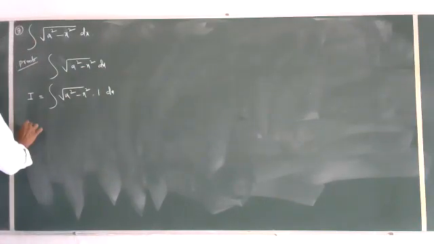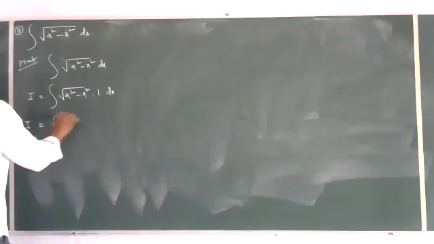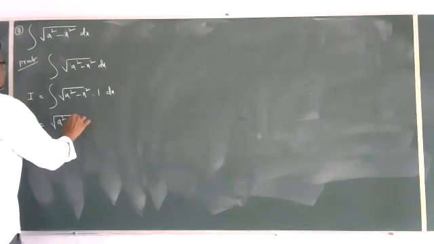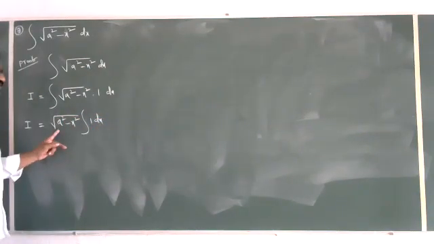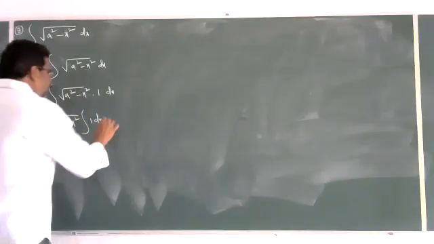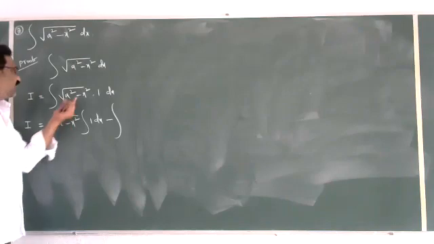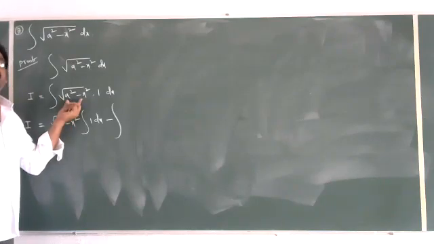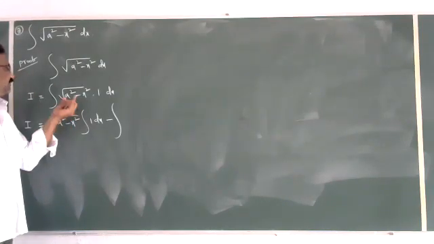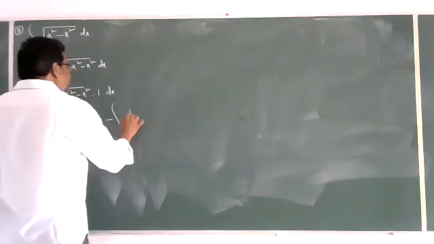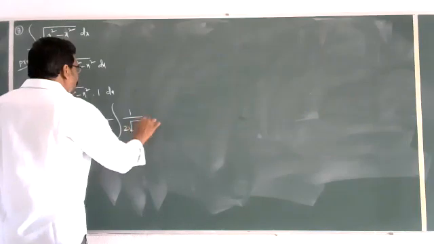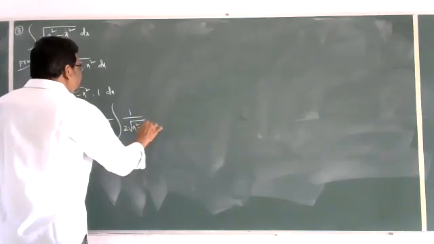So here I is equal to first function, that is root of a square minus x square, into integration of 1 dx, minus integral derivative of first function. The derivative of root x is 1 by 2 root x, so we get 1 by 2 root of a square minus x square.